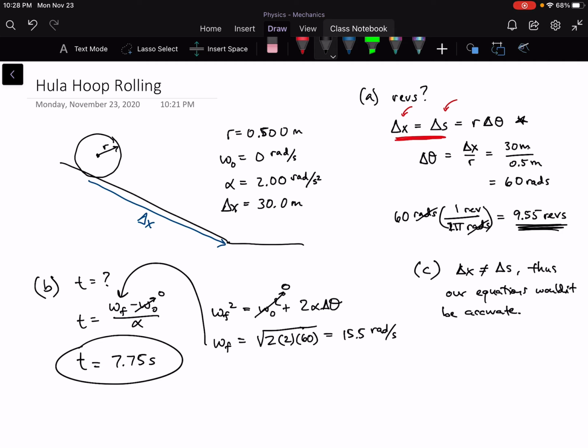But the basic idea is that that is not the case, so our equations wouldn't be accurate, and it would throw off our answer. It'd be very difficult to calculate, in fact, unless we knew exactly how much it was slipping, for instance, right? Okay, that's that question. We'll move on to the next one.